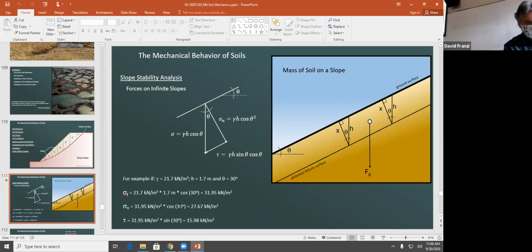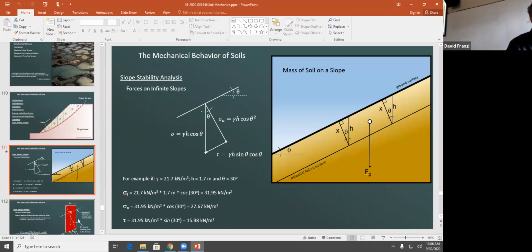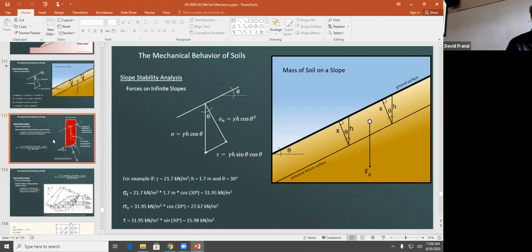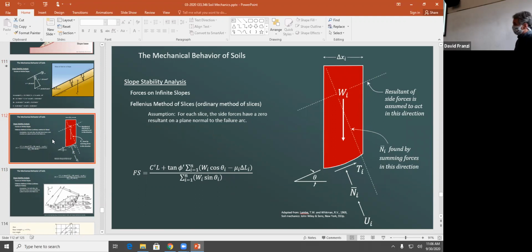If we take that total load and multiply it by the cosine of 30 degrees, we're going to get our normal stress. And if we take that stress and multiply it by the sine of 30, we're going to get the shear stress component. So that's just different ways of looking at the same problem. It's what we've been talking about all semester, or at least this part of the semester.